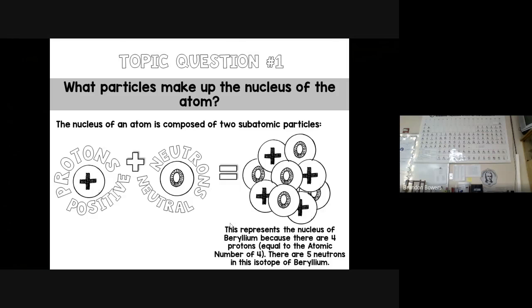Well, the nucleus of an atom is composed of 2 subatomic particles. 2 subatomic particles. Okay?